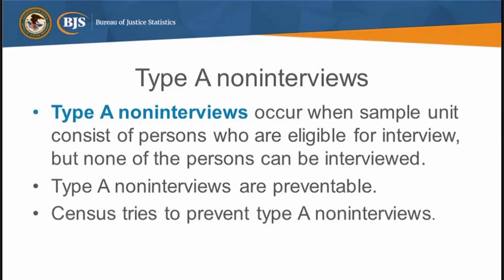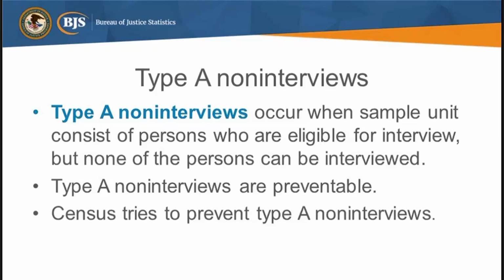Type A non-interviews occur when sample households consist of persons who are eligible for interview, but none of those persons can be interviewed for a specific reason. For example, the field representative makes repeated visits to the home, but no one is there, or the entire household refuses to participate.